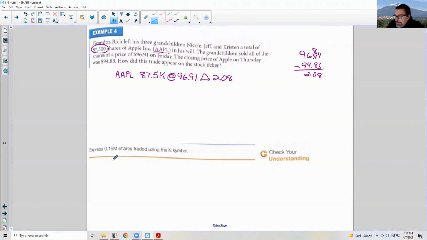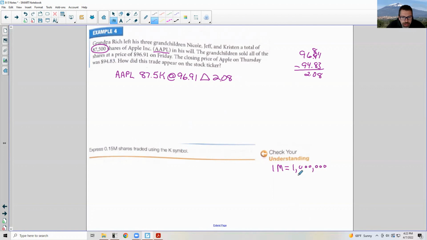And there it is. All right, so now it says express 0.15 million shares traded using the K symbol. So remember, 1M equals 1 million.